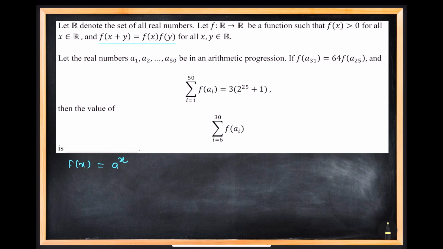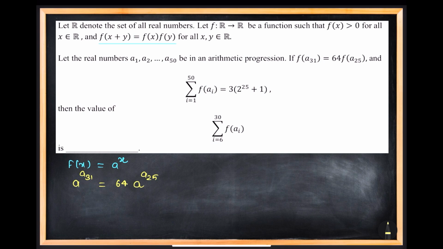So f of a31 means what? You have to replace x with a31. So can I write a power a31 equals 64 times a power a25? Just tell me this is right or wrong.